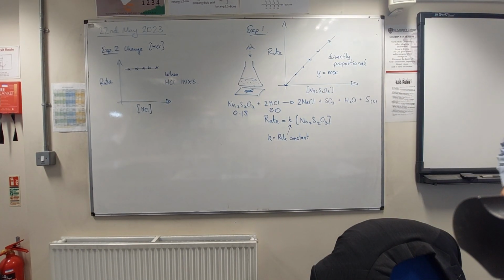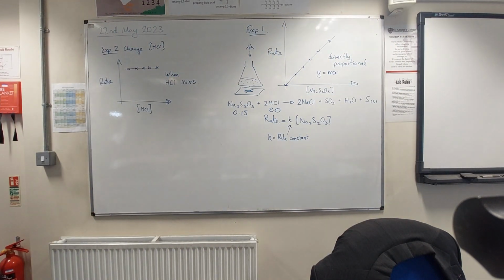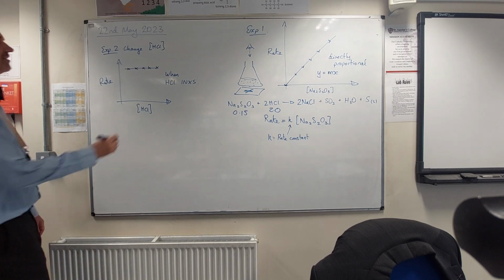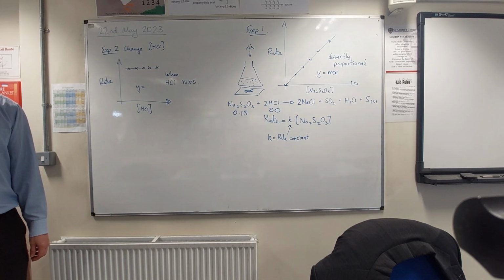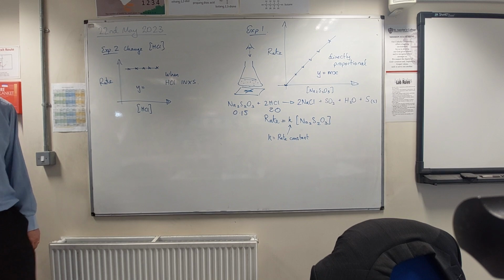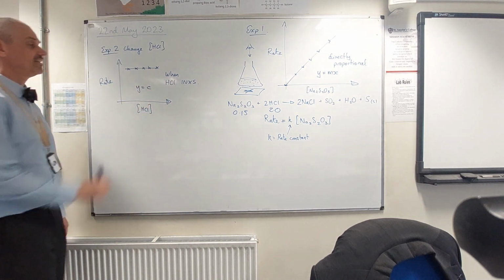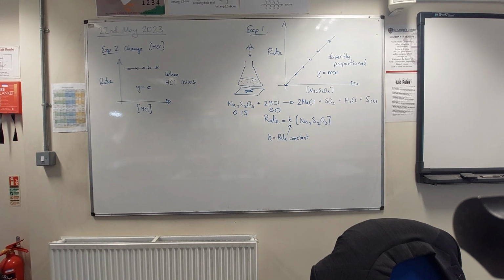Okay, so what would be my equation for this graph here? Y equals x? No. It would look like that. Y equals constant, y equals c. Yeah. So the concentration of the HCl isn't affecting the rate anymore.